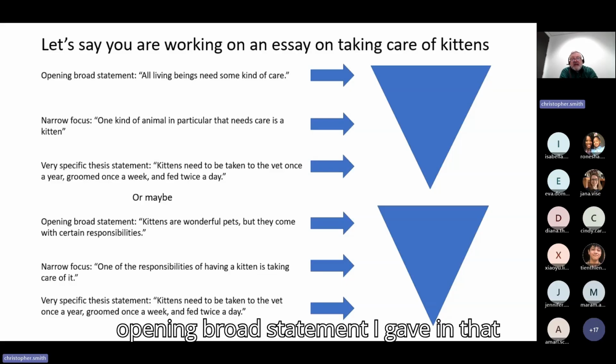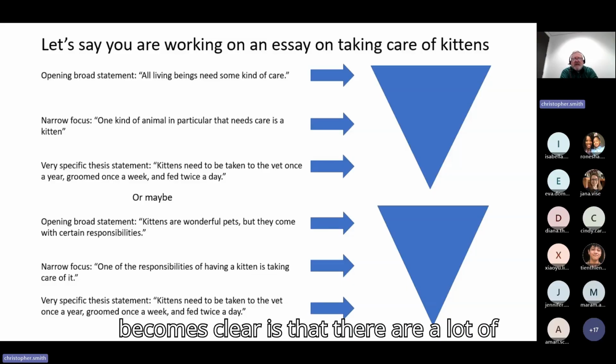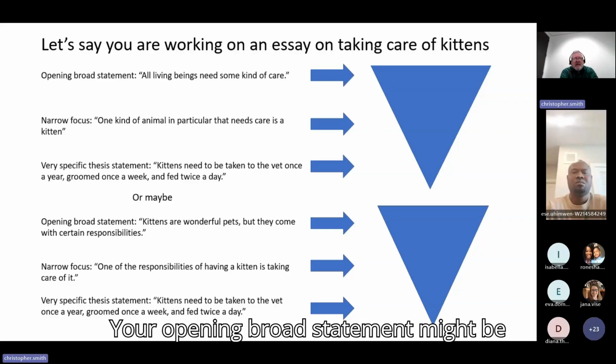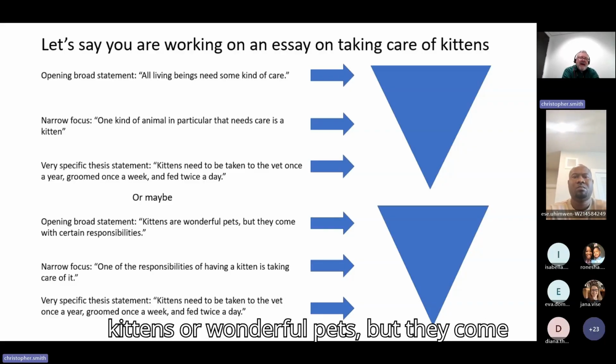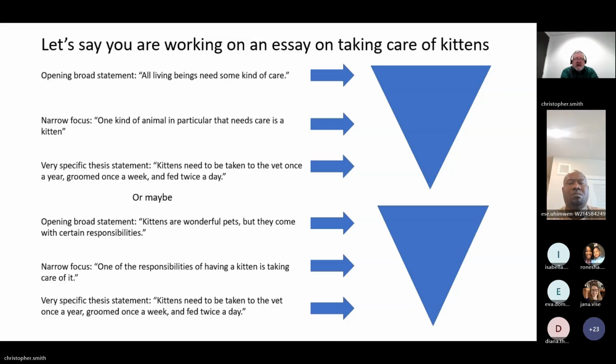But the opening broad statement I gave in that first instance doesn't have to be that one. One of the things I hope becomes clear is that there are a lot of ways to skin a cat, if that is an appropriate metaphor to use, considering this topic. Your opening broad statement might be, kittens are wonderful pets, but they come with certain responsibilities.